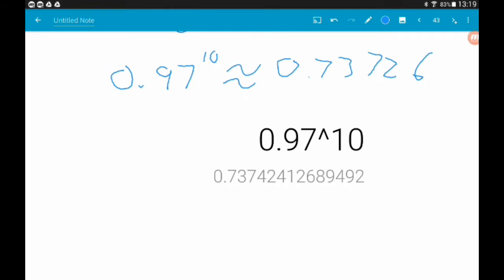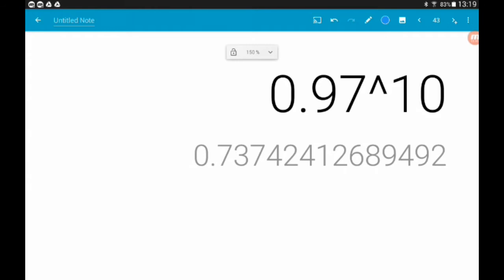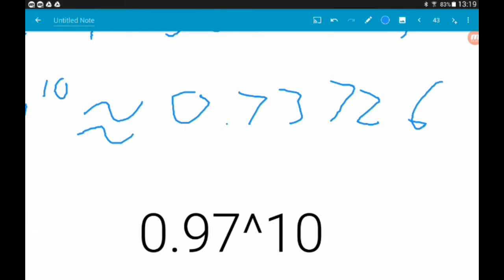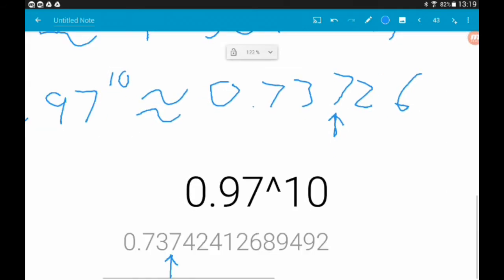So this is only accurate up to 3 decimal places. So the calculator says 0.7374. So our approximation is only accurate up to the 3rd decimal place.